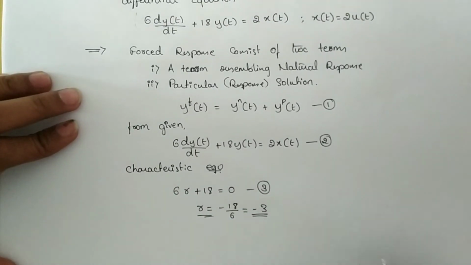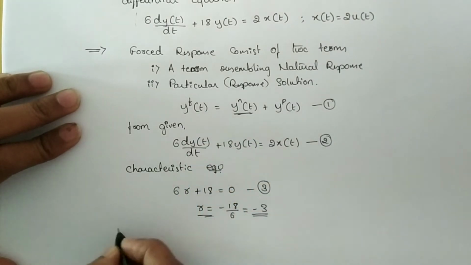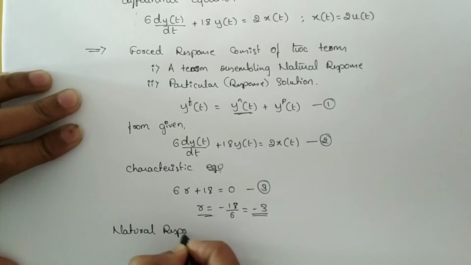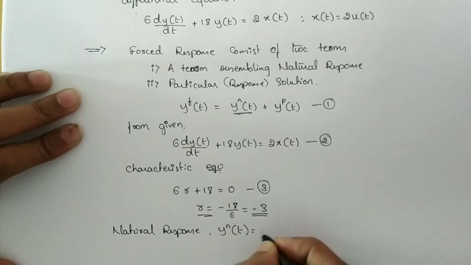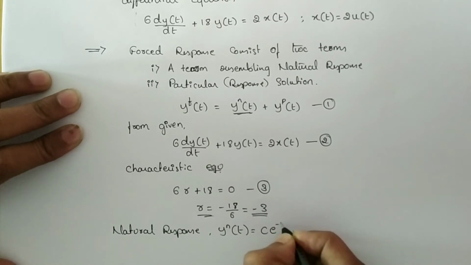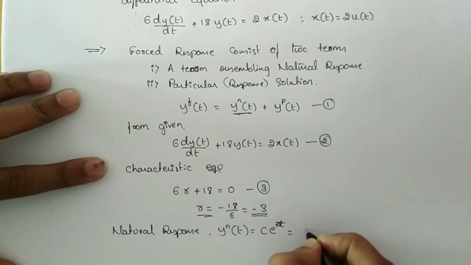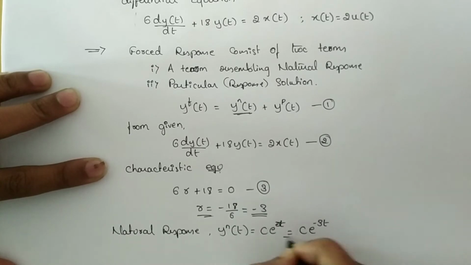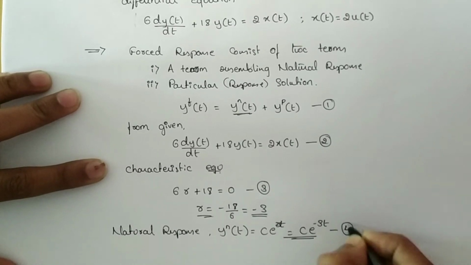Since we got the value of r as -3, we can write the natural response yn(t) = c times e^(rt), which we can write as c e^(-3t). Yn(t) is c e^(-3t), marking it as equation number 4.